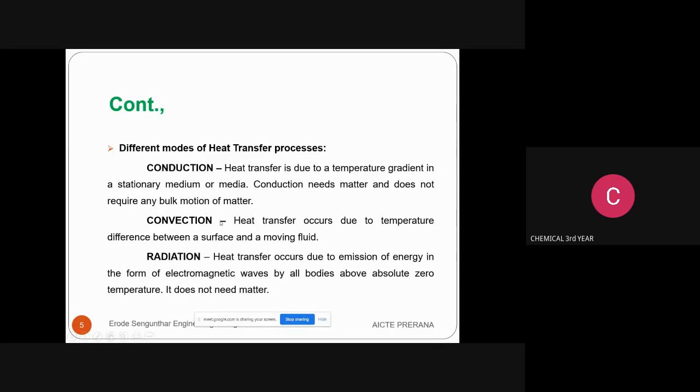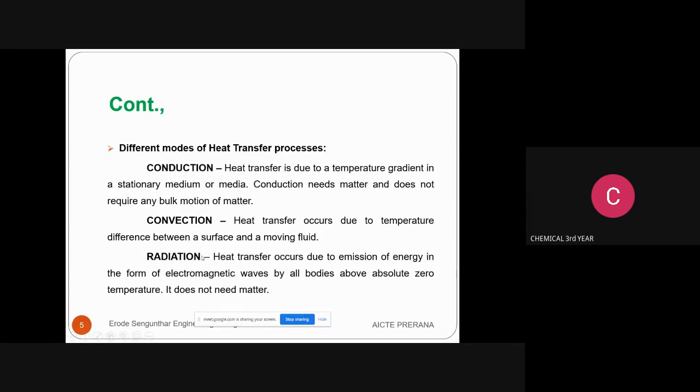For conduction and convection, we should have some matter or medium to transfer the heat. But in radiation, there is no need of any matter or medium to transfer the heat from one place to another, because this is an electromagnetic wave, right? So in between, there is no need of any matter, because it will pass through whatever matter it may be and reach the point.